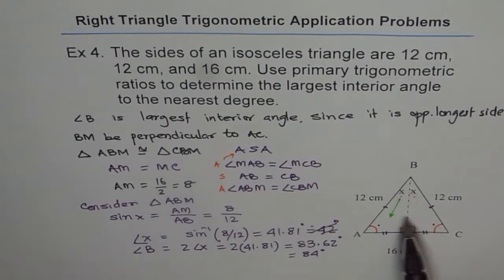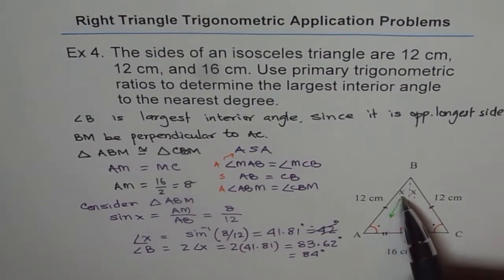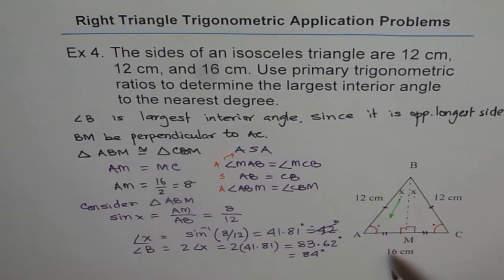Since they are congruent, all their sides should be equal. So AM is equal to MC. Now, AC is total 16. Half of AC will be AM, which is 8. So now in the triangle ABM, we know the side opposite to the unknown angle X and its hypotenuse.